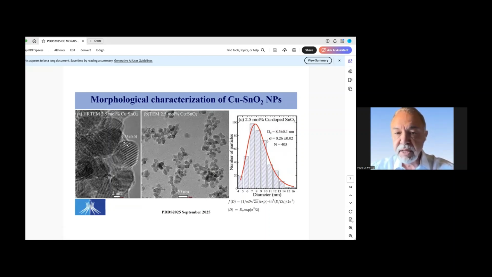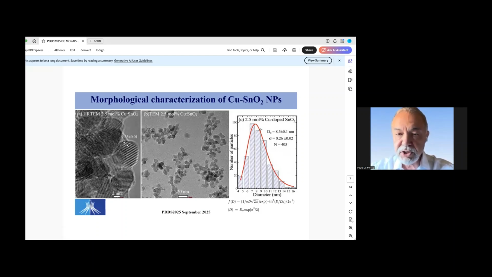And we can curve fit this data using a log normal distribution function. You can see down here, just below the particle size histogram, the description of the log normal distribution function. You can extract the mean size and the size dispersity.